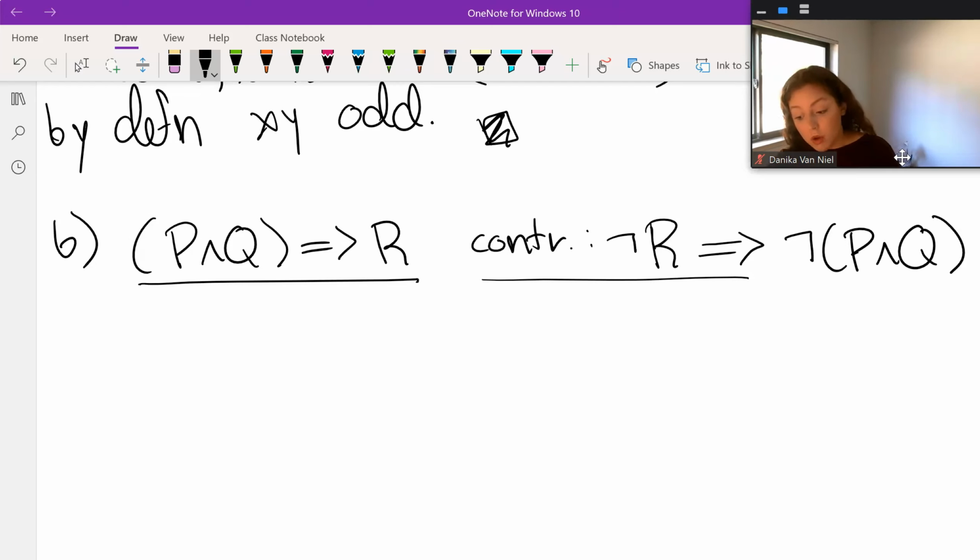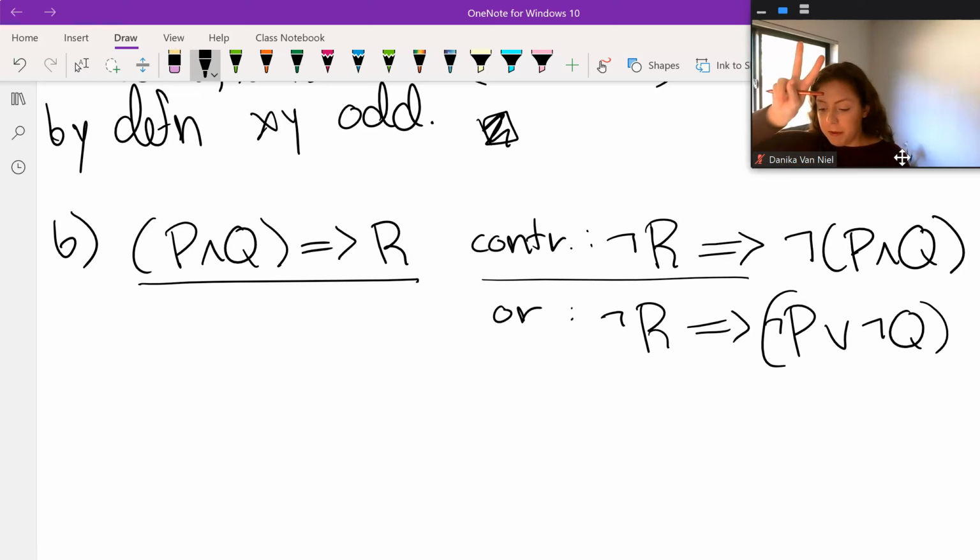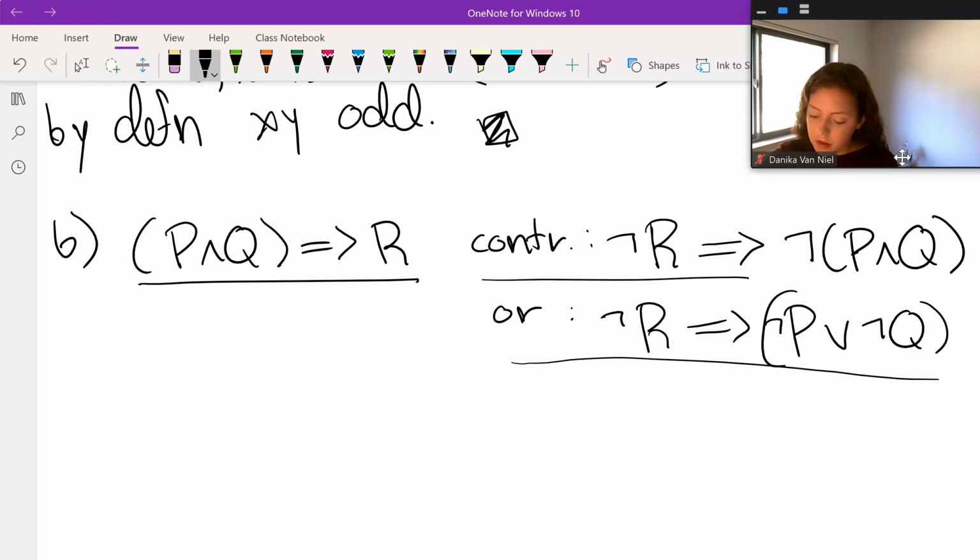So what's not (P and Q)? That means not P or not Q. Remember, we flip-flop them and then negate the statements on either side. All right, so we're trying to show this.